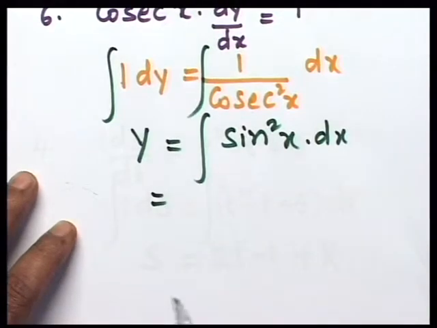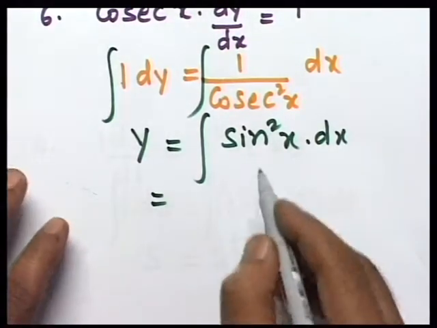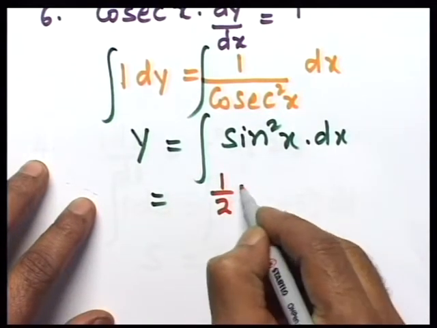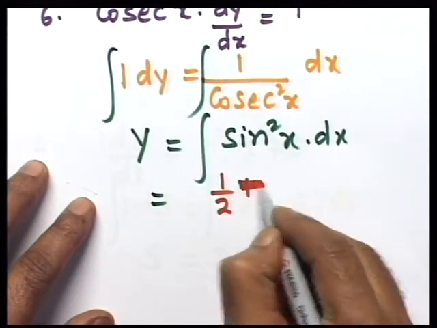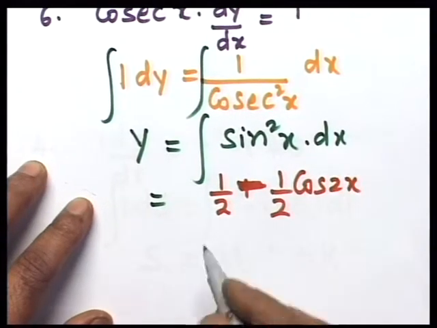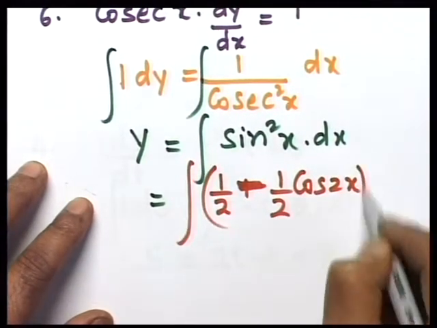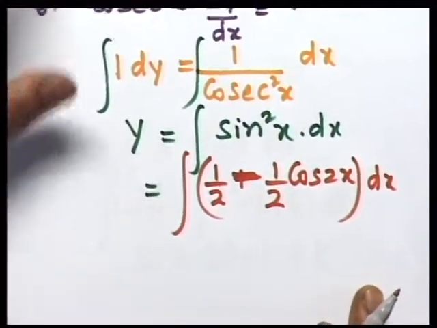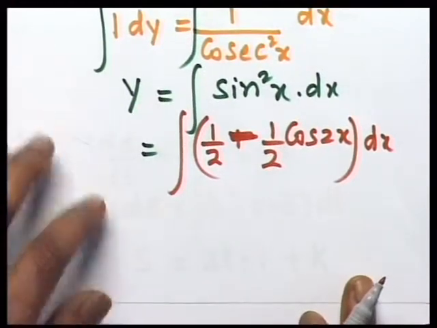We write it in terms of the double angles of cos. So that's actually half minus half cos 2x. As I said, you got to know all these rules, please, right? Times dx there, and now we can integrate that bracket.